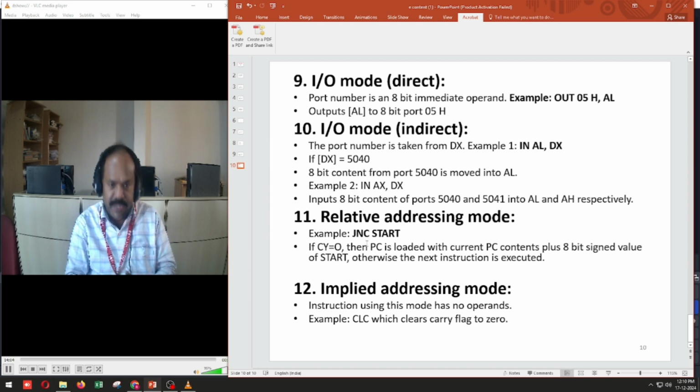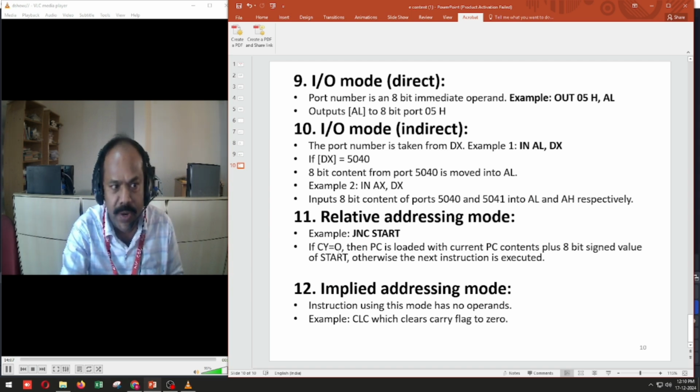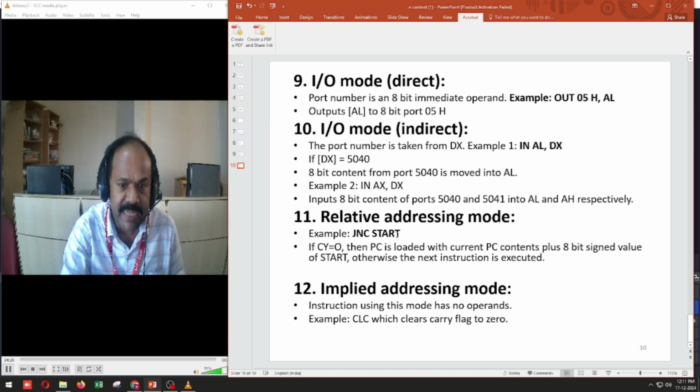If there is no carry, if the carry flag is 0, then you need to jump to a memory location whose physical address is equal to the content of the code segment register left shifted by 4 bits plus the 16-bit offset address mentioned in the instruction as start. So the jump location or target location is relative to the current content of the program counter. That is why it is relative addressing mode.